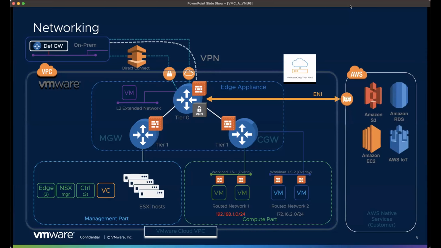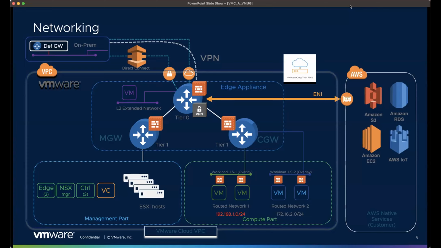So we got distributed firewall and gateway firewall rules, and on top of that, we see the possible connectivities that we have to the outside world. We got VPN and direct connect, which we already discussed. And then we got this orange arrow that says ENI. That's an Amazon Elastic Network Interface, which gives us a direct connection into AWS services.